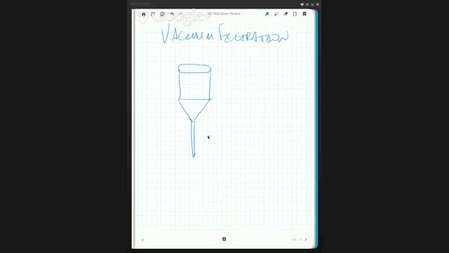Down this way. And then right here, let me change the color on this. Let's make it purple. So right here is a stopper. And then off of here, there's a little hose that comes off.